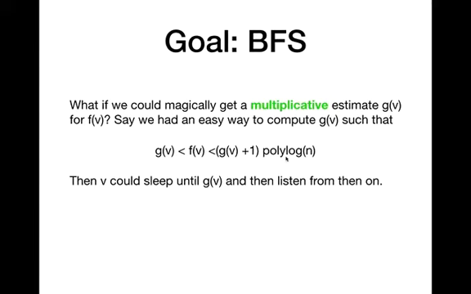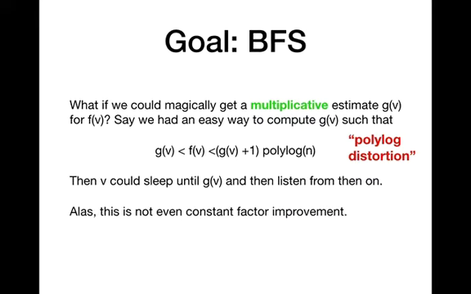And it would definitely be awake at the time the message reaches it, so that would be good. But unfortunately, and we call this polylog distortion, this isn't even a constant factor improvement on the energy. So that's no good, except that this magic is real.